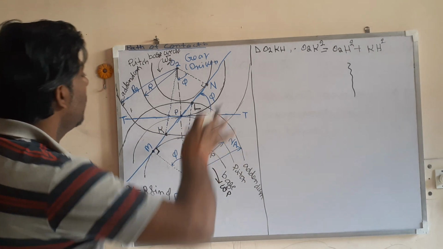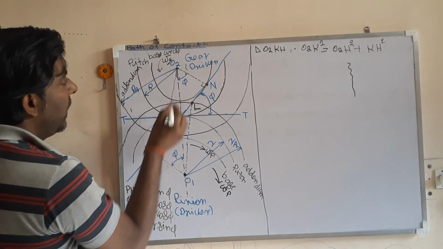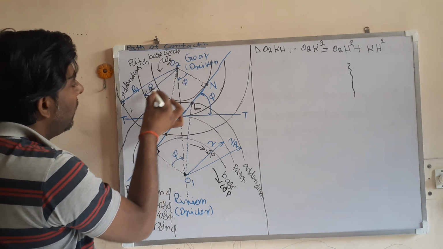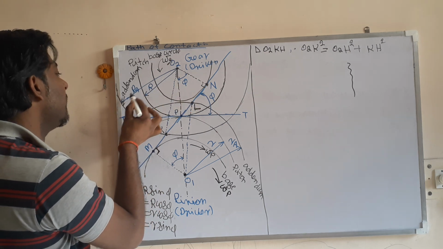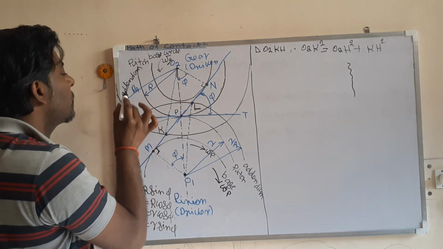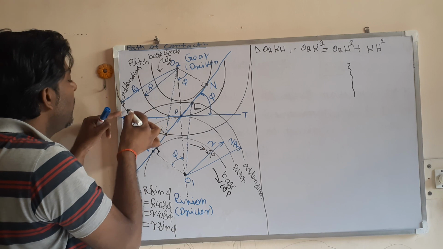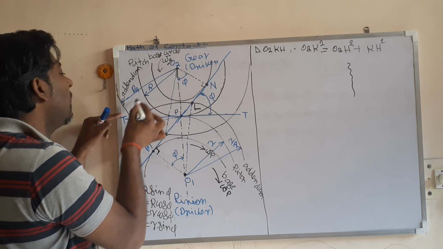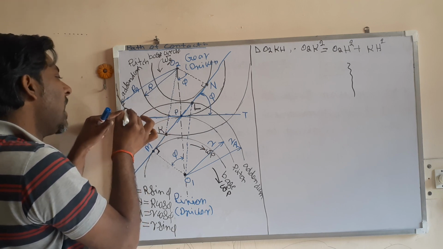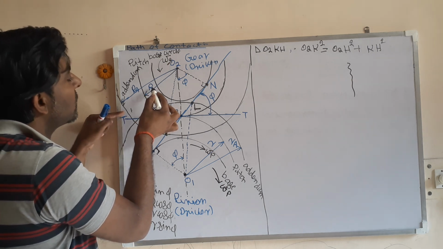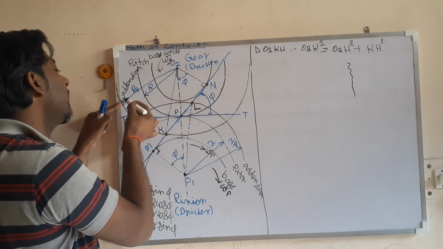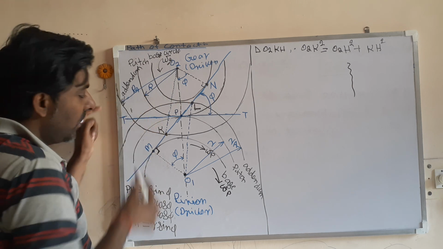Let us take the pitch circle radius of the gear as capital R and the addendum circle radius of the gear as capital RA. So from here to here this distance will be the addendum height. If you add the addendum height to the pitch circle radius of the gear, you will get the addendum circle radius of the gear.